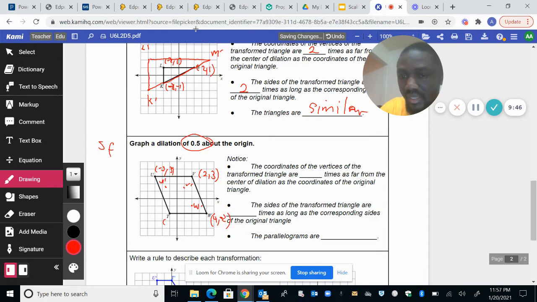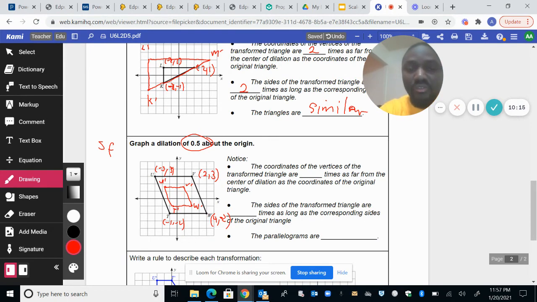My T has coordinates negative 1 and negative 2. Half of negative 1 is negative half, and half of negative 2 is negative 1. So I'm going to have T prime somewhere here. So when I join these 4 points, the image is going to be the red figure here.